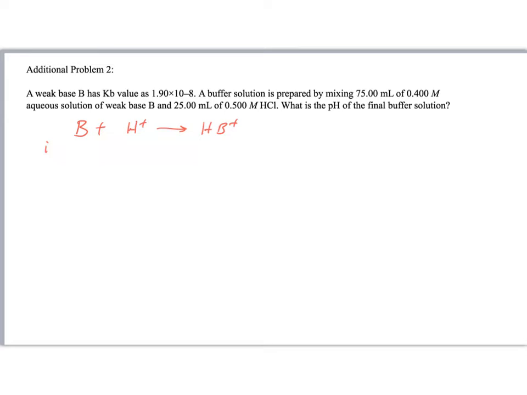Initially, for the base, it is 75 milliliter of 0.400 molar of the base. You can do the calculation on your own, that gives us 0.0300 mole of weak base. And strong acid, hydrochloric acid, with 25 milliliter and 0.500 molar, this leads to 0.0125 mole. And initially we don't have HB+.